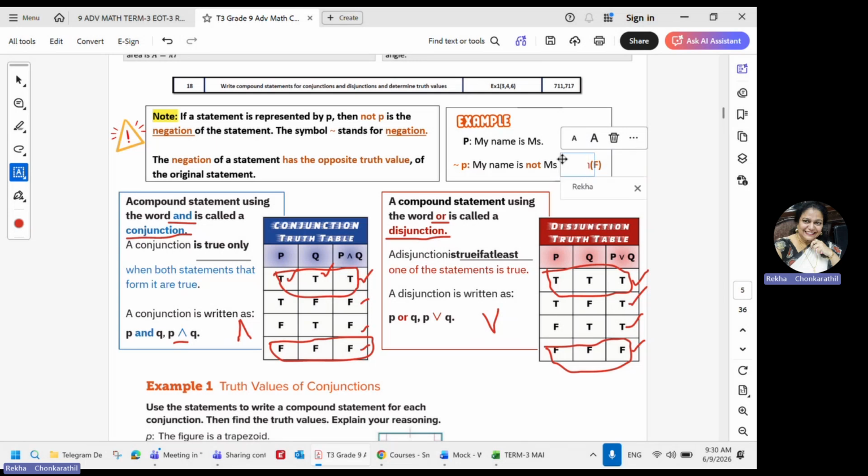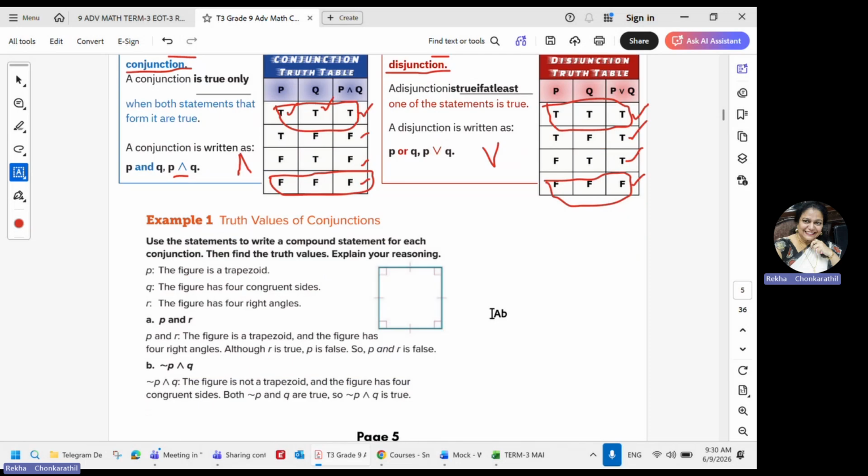So just by using the word not, we will form the negation statement. And one more thing, if the original statement is true, the negation statement will be false. If the original statement is false, then the negation statement will be true. So remember, negation is just using the word not. And if the original statement already has not, then remove the not for the negation statement.